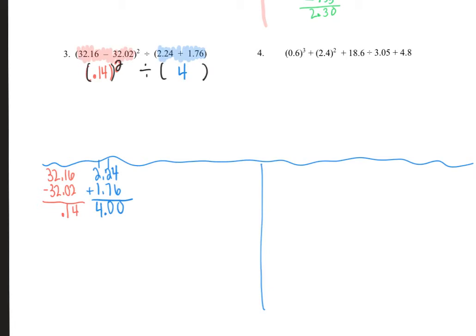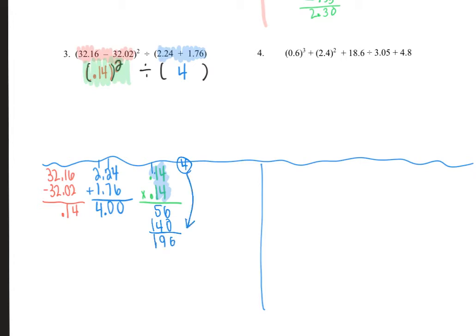Now my next step would be doing my exponent, which says that I have to do 0.14 times 0.14. Looking at that, I have 4 places to the right of the decimal, and I'm going to multiply. 4 times 4 is 16, and so on, so I get 1, 9, 6.